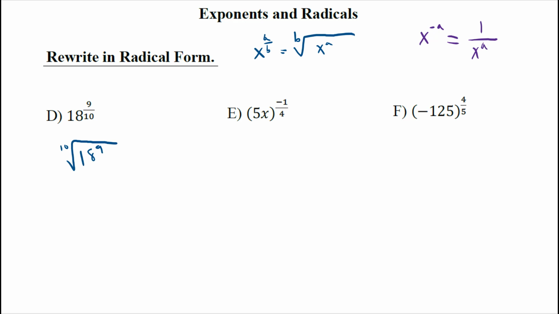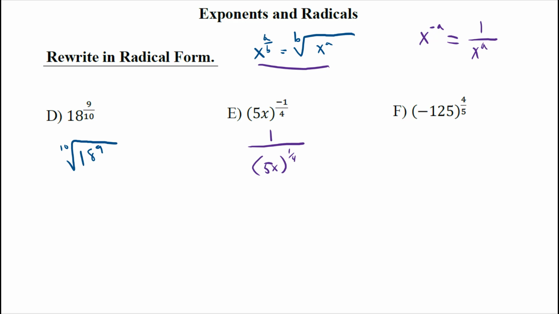So let's write that in like this before we move any further. We're going to say 1 over 5x to the 1/4, and then we're going to follow the rule after that.